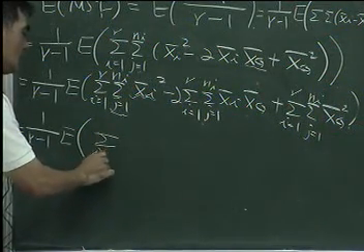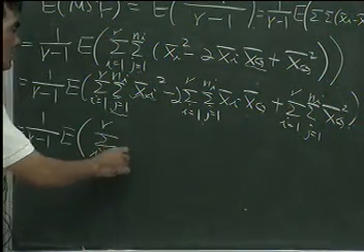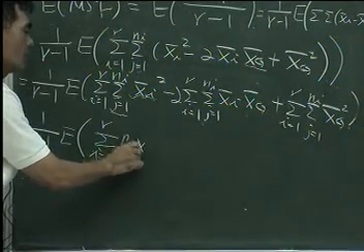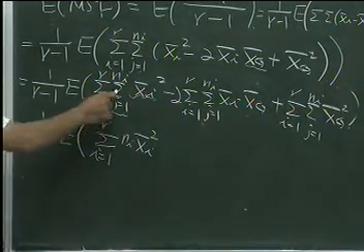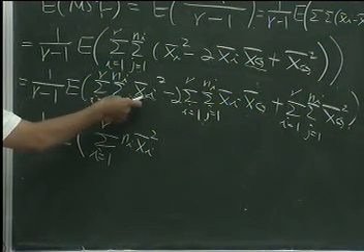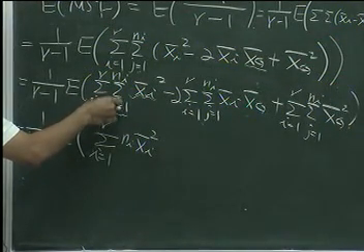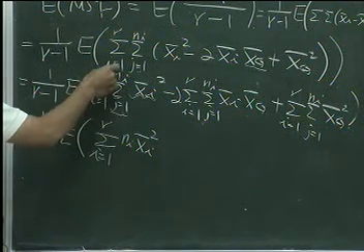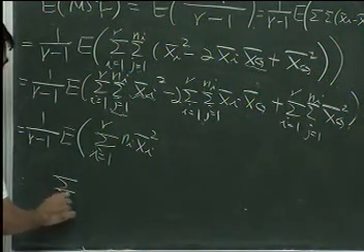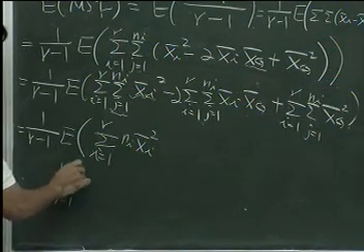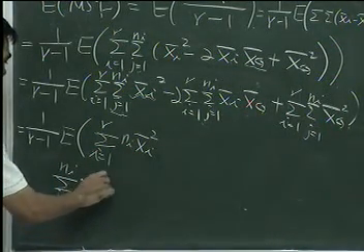Summation I from 1 to R, Ni x bar I squared, right? Because you want to get rid of this. And how many times do you add? You add from 1 to Ni, okay? So let me do this. J from 1 to Ni and x bar I squared, right?